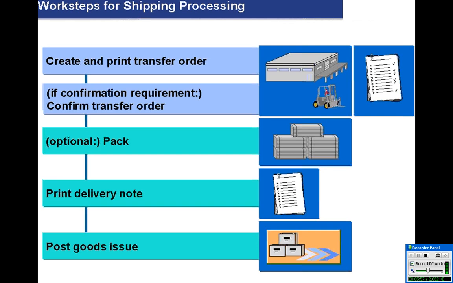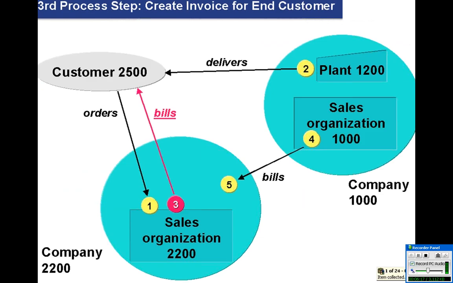And packing is also optional. If we have to pack the material based on the pre-configured packaging materials, we can create it, and then we can print the delivery note for precision. So these are just for academic interest: after the plant delivers the order, these are the process steps to be followed for shipping.